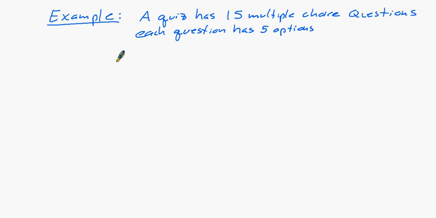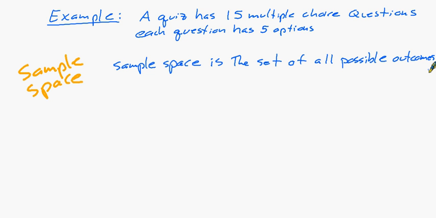We have our quiz of 15 multiple choice questions, each question having 5 options. When we talk about sample space, that means the set of all possible outcomes. So when we are talking about a multiple choice quiz with 15 questions, what are our outcomes?